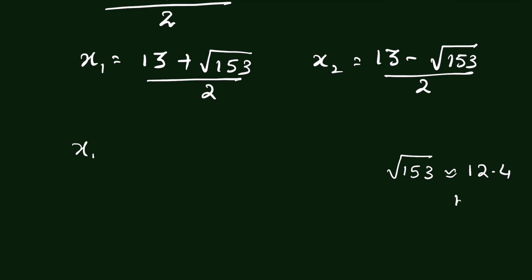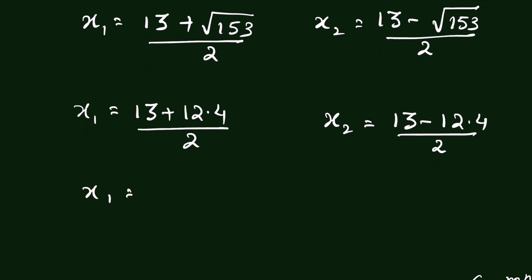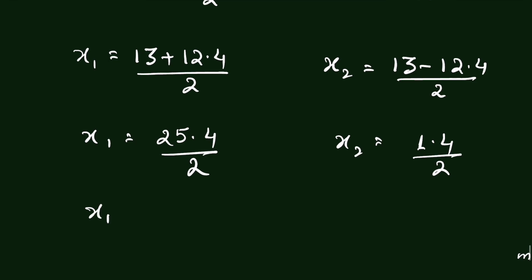So x1 is equal to 13 plus 12 decimal 4 upon 2, and the second root of x is 13 minus 12 decimal 4 upon 2, or x1 is equal to 25 decimal 4 upon 2, and x2 is equal to 0 decimal 6 upon 2, or x1 is equal to 12 decimal 7 and x2 is 0 decimal 7.